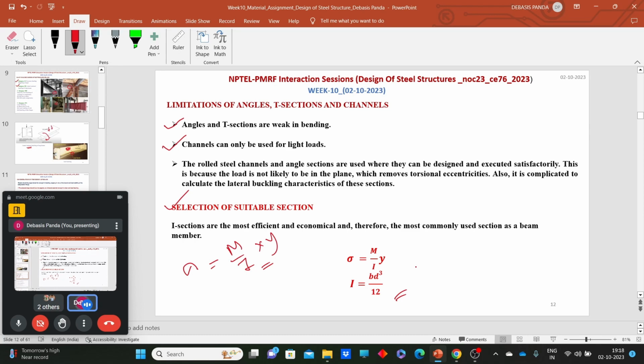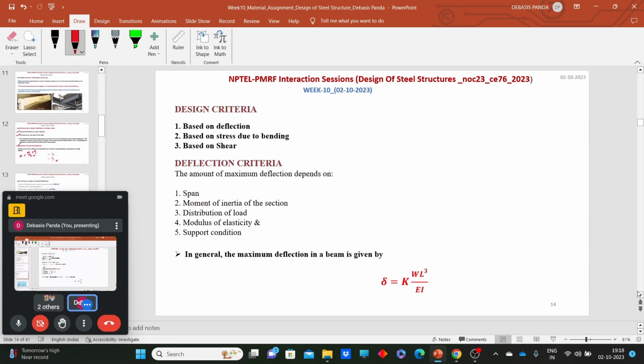Now let's move to the main part: what should be the design criteria for beams. We have seen that due to transverse loading, beams are subjected to bending moment and shear force, and there can be modes of failure due to bending, due to deflection, and due to shear.